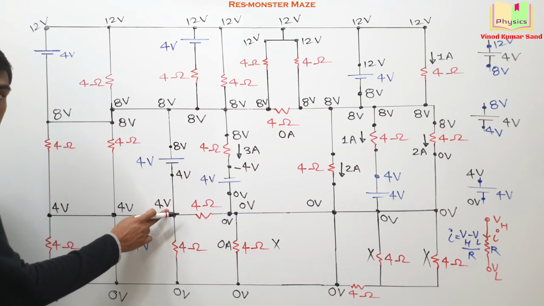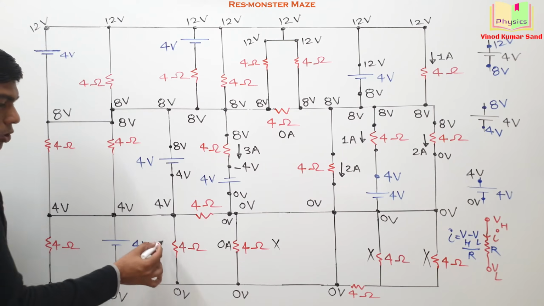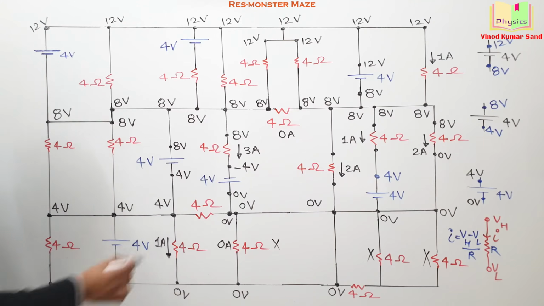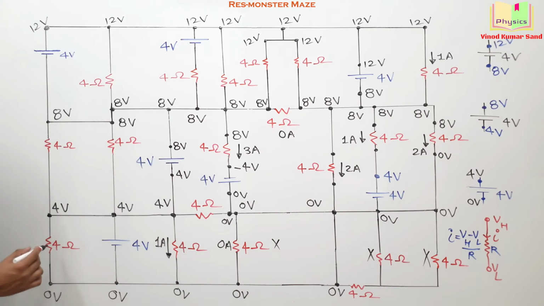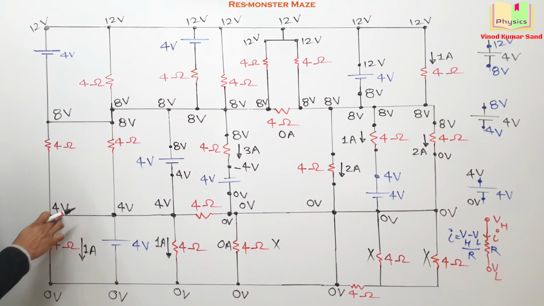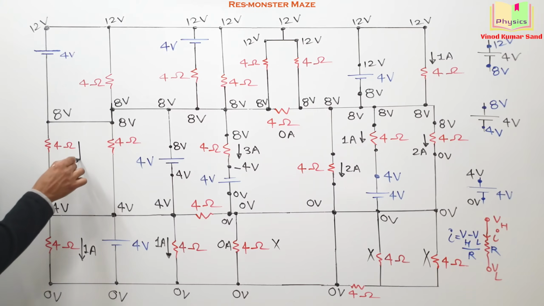Here the potential is 4 volt and here the potential is 0 volt. So high potential minus low potential, there will be a current of 1 ampere. Then looking at this resistance, here should also be a current of 1 ampere. 4 minus 0 by 4 results in 1 ampere. Looking at this resistance, 8 minus 4 divided by 4. So this current should also be 1 ampere.